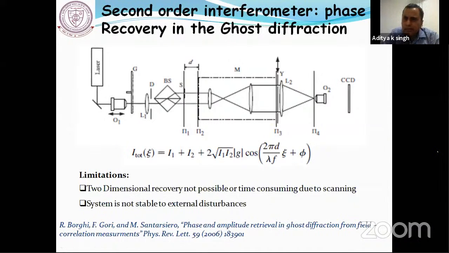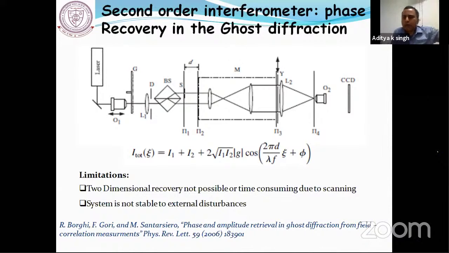However, there is a limitation of this kind of interferometer: if you want the 2D image of the object, you need to scan the entire object with the conventional Young slit approach, and that is time consuming. Another issue is that the system is unstable.